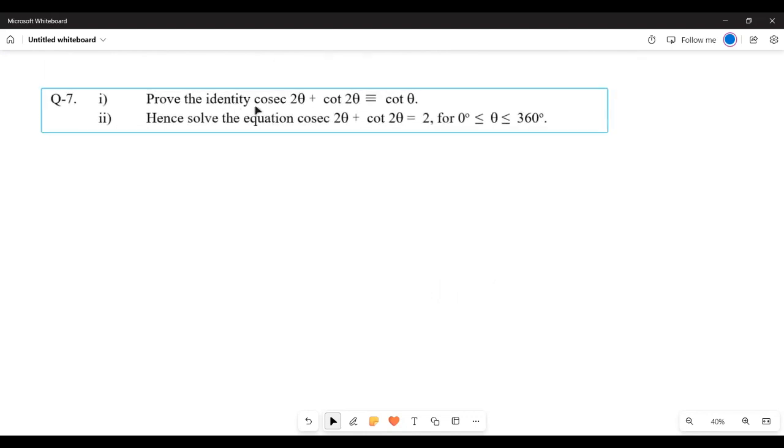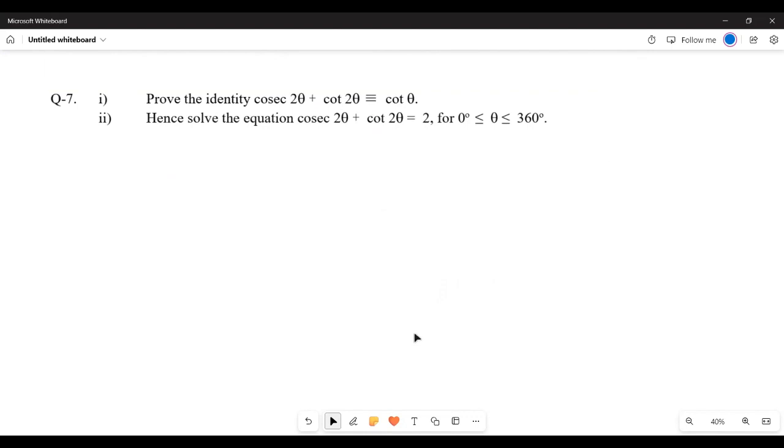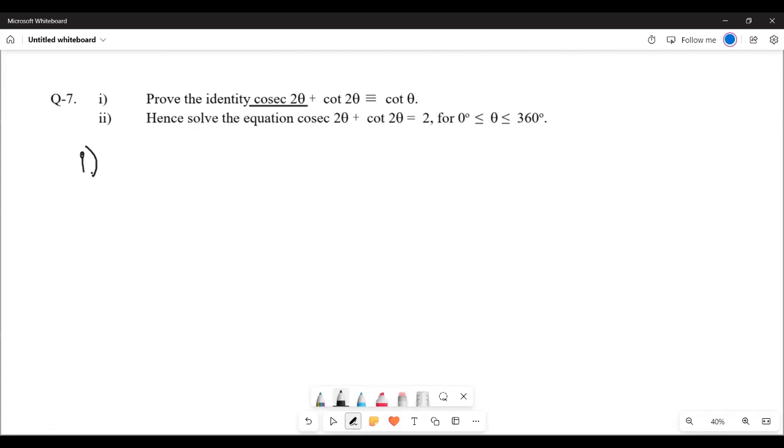Prove the identity cosecant 2 theta plus cot 2 theta is equal to cot theta. Okay. Cosecant is the reciprocal of what? Okay? Cosecant is the reciprocal of what, and cot is the reciprocal of what?